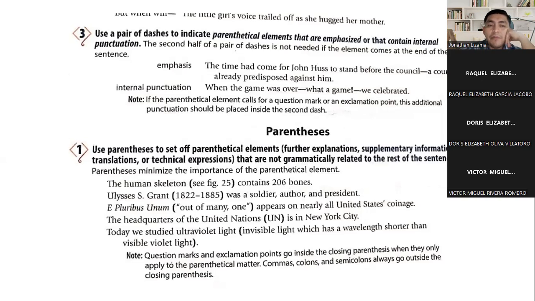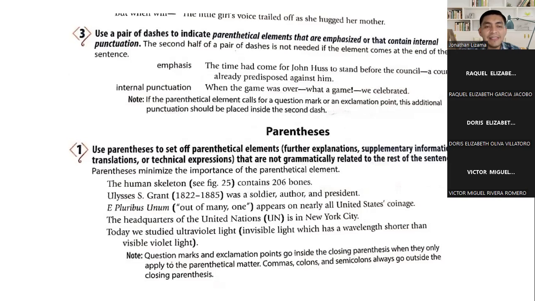That's it. Now parentheses. Use parentheses to set off parenthetical elements, for example, explanations, supplementary information, translations, or technical expressions. The human skeleton (see figure 25) contains 206 bones.